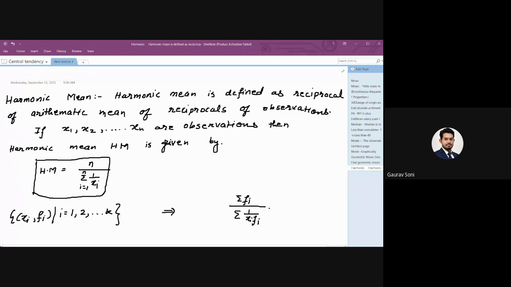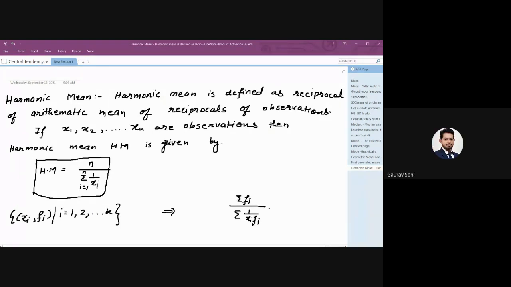Anyone else? Yes, Sakshi, can you tell me how will you find out the harmonic mean here? Yes, Manas, please. Summation fi upon summation fi upon xi. Exactly.